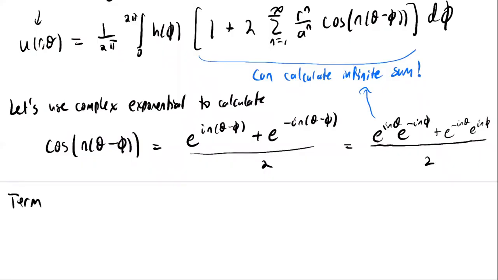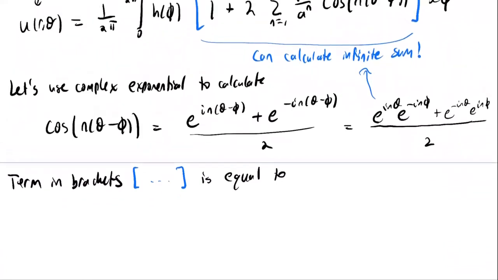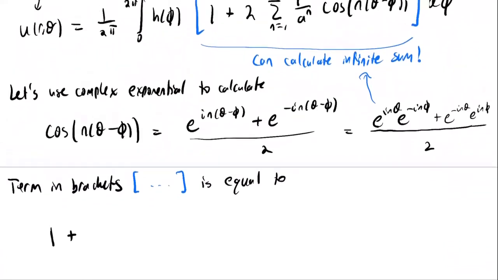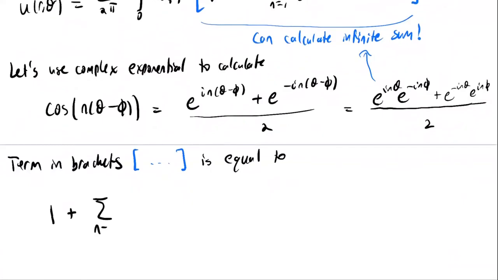Right, so the term in brackets, let me use blue brackets just to indicate what we're focusing on. So this term is equal to, well, I have 1 plus, well, notice that I'm dividing by 2 here and I have a 2 here, so those are going to cancel out. So I end up with 1 plus the sum from n equals 1 to infinity.